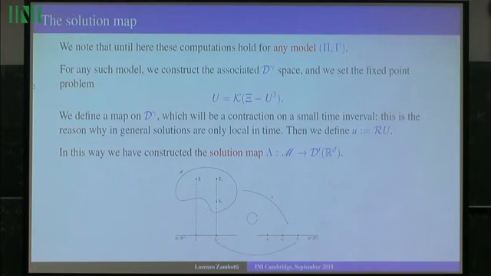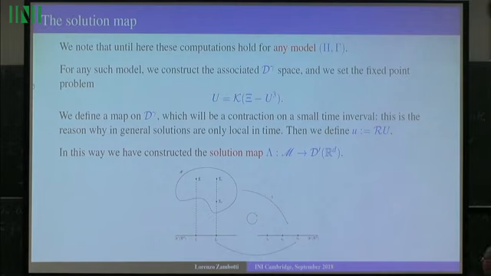And then it means that you have to work on ad hoc arguments in order to extend the solution, if it is possible. And then you define u as the reconstruction of this fixed point solution.